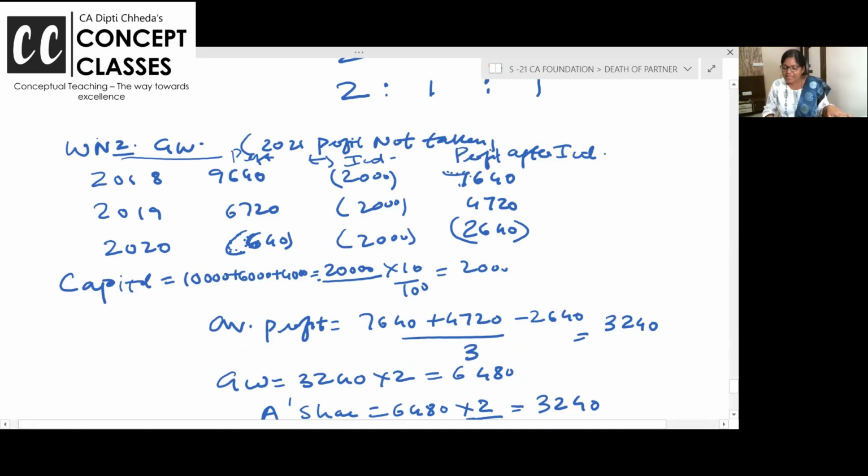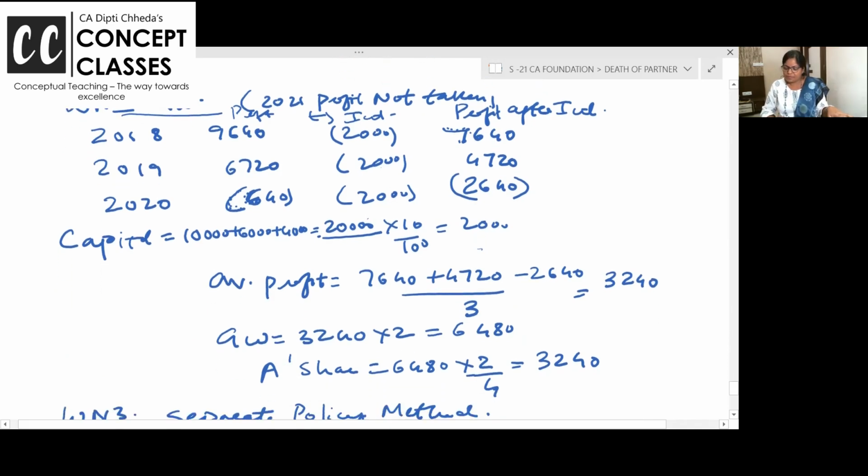So we minus the interest. So we get profit after interest. And interest कैसे मिला? For all the 3 partners, the capital is 20,000 into 10%, 2,000. Nice and clear to all of you? Right.